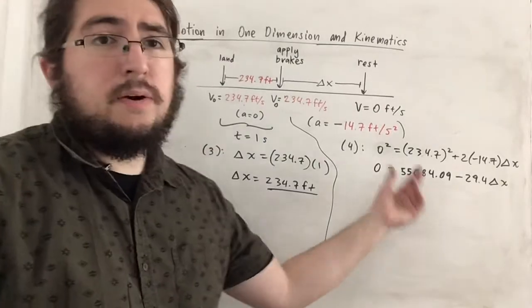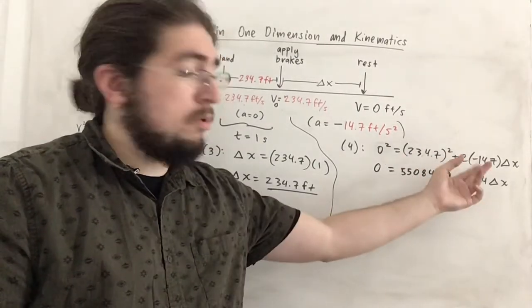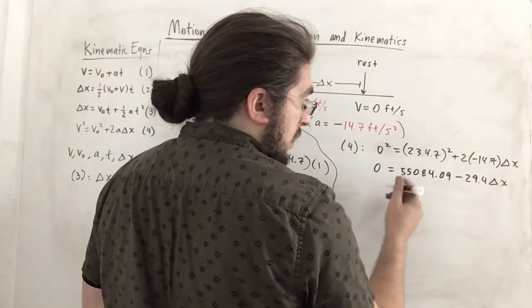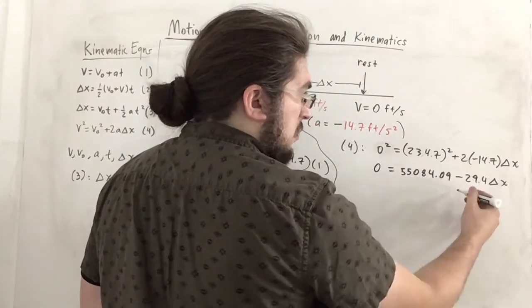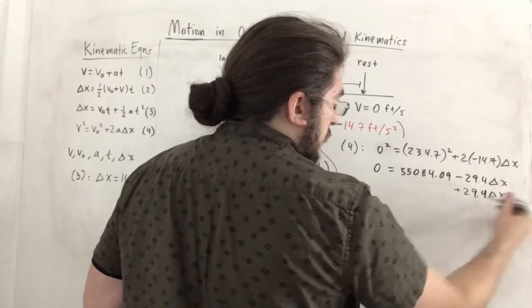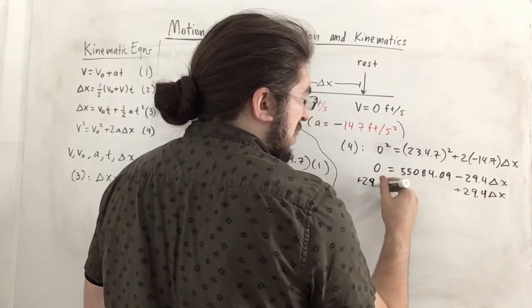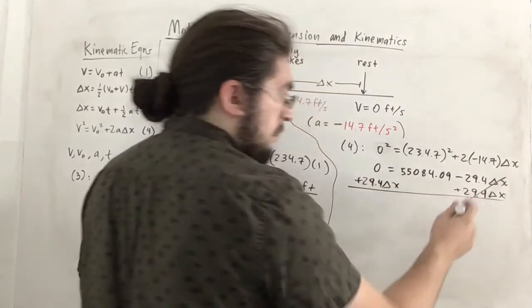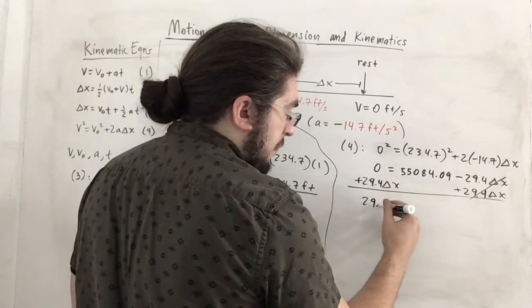Right, so using my calculator, I got these values after squaring this number and multiplying this by 2. And now finally, to find delta X, I'm going to subtract this to that side. Or I guess, we can add this to this side. Let's do that better. Let's add 29.4 delta X from the right to the left. At some point, you don't need to write the actual movement of it. That's okay.